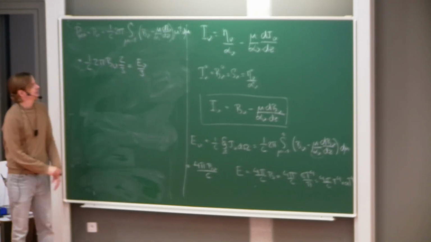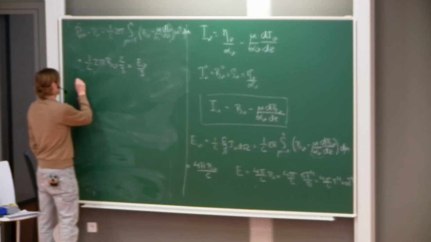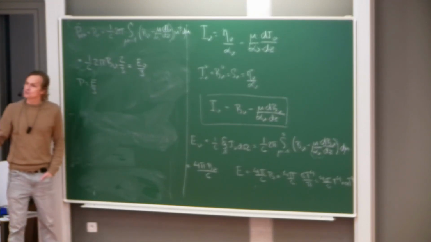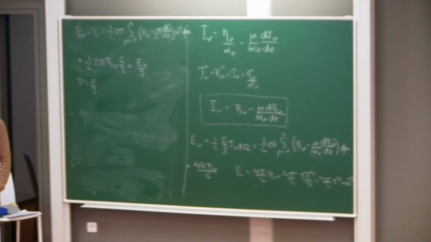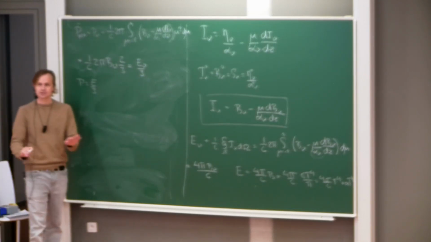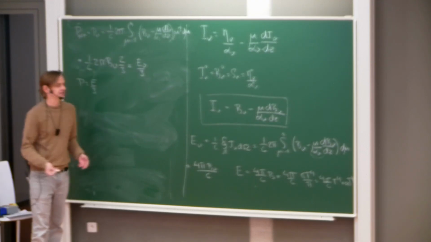Or if we just do the trivial frequency integration again, we get that P equals E divided by 3, which was again the equilibrium radiation that we had, the same. So again, also the second moment, the pressure, is not changed in the diffusion approximation. This is, of course, very convenient.